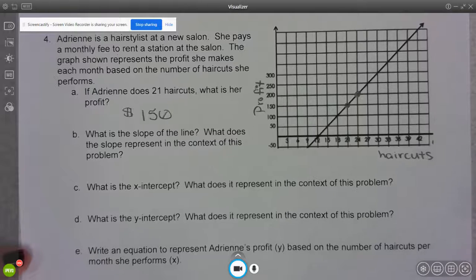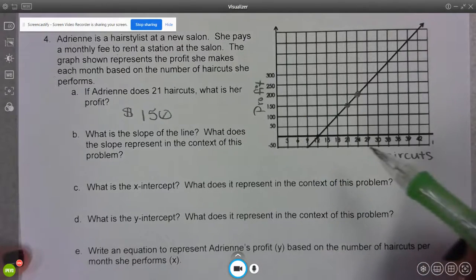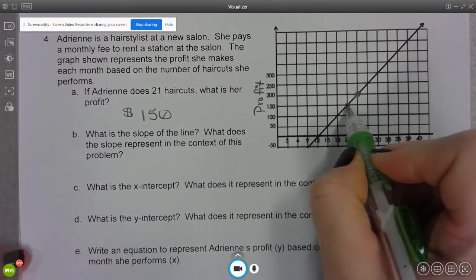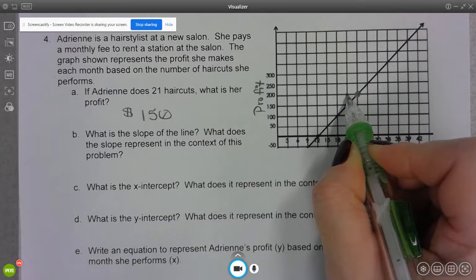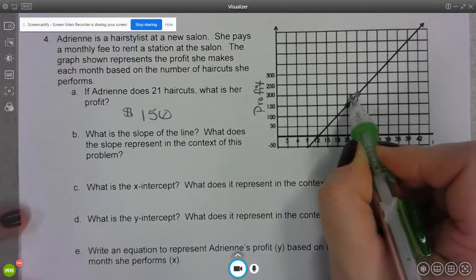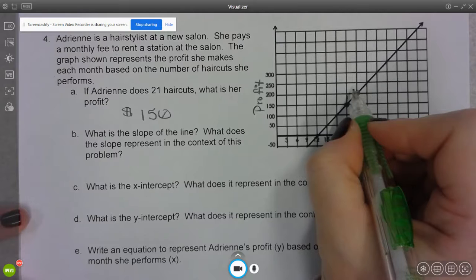I have to check my scale here for x and y. So this would be up 50 and over 24 to 21 is 3. So our slope is 50 over 3.